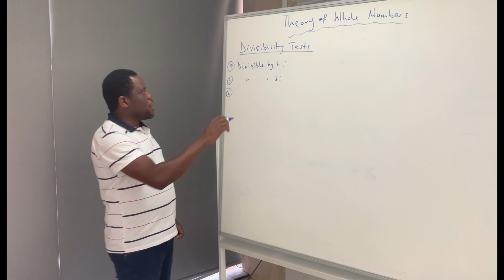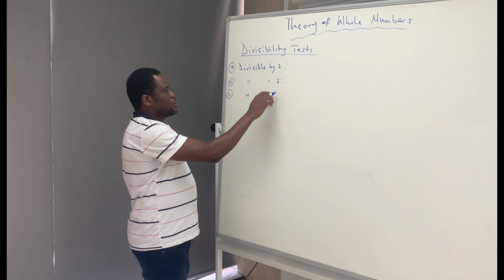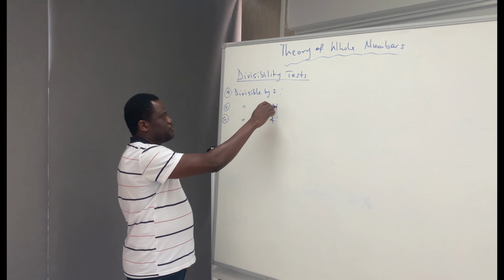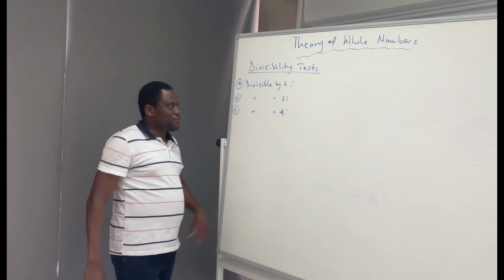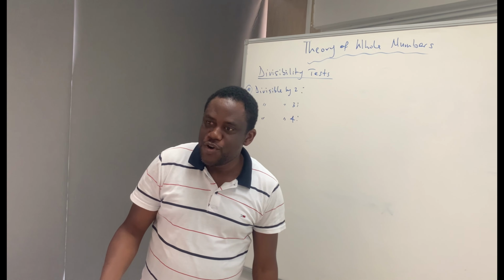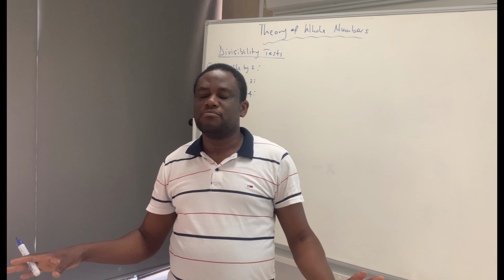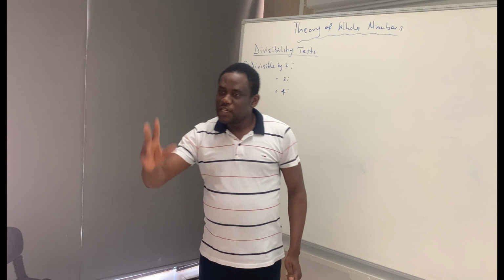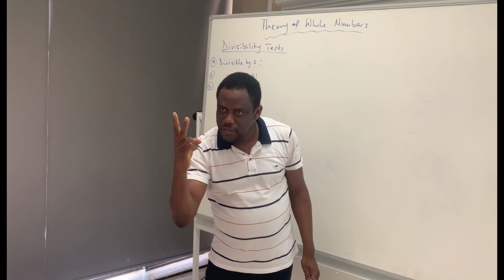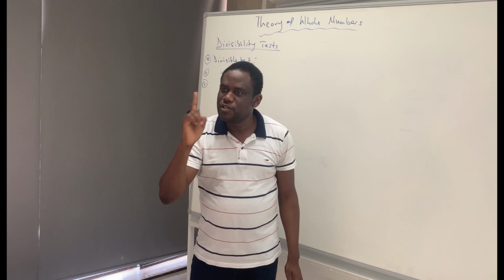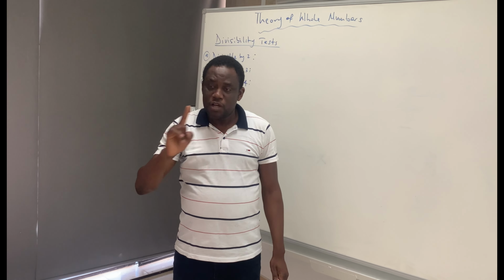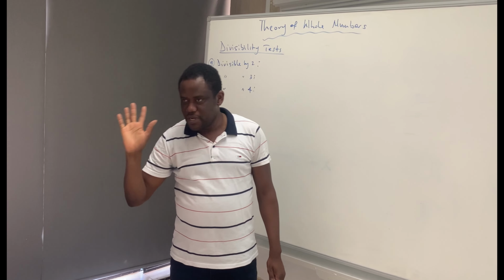Good. Now, divisible by 4. We have done 2. We have done 3. Now 4. How do we know a number can be divided by 4 without any remainder? The last 2 digits of the number must be able to be divided by 4 without any remainder.